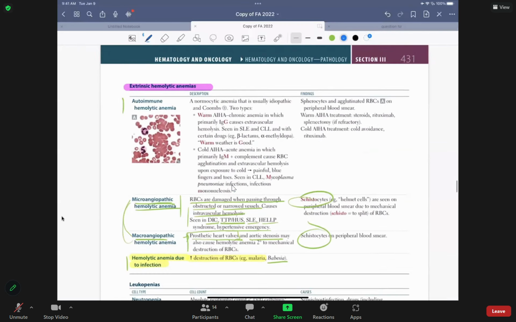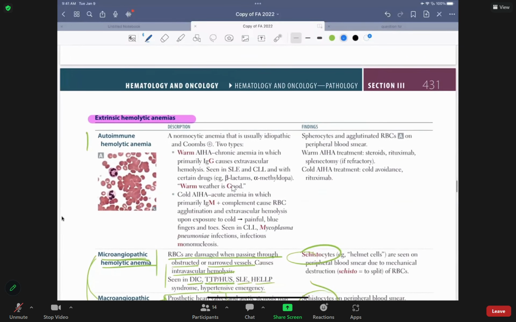Now let's go here. In this autoimmune anemia, look at the Coombs test is positive, which means there is an antibody against red blood cells. There are two types. One, you should know when we say warm, it's IgG. When we say cold, IgM. That's a fact. You have to know that.